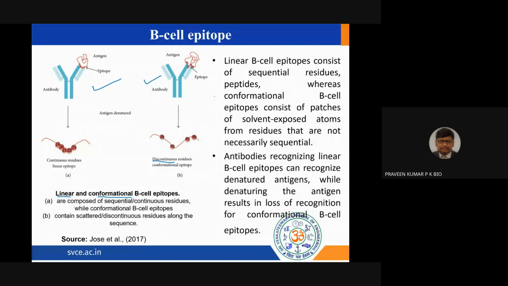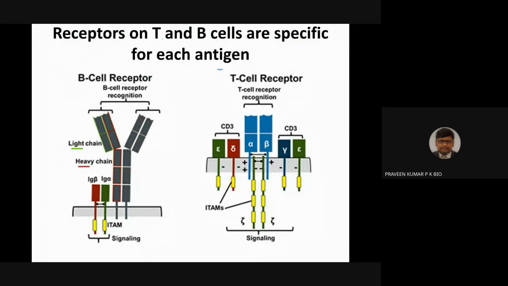And the receptors on T cells and B cells are specific for each and every antigen. You can't say it can bind with all kinds of SARS-CoV-2; it might bind with a few strains and not with others, so you have to choose accordingly for what you design.